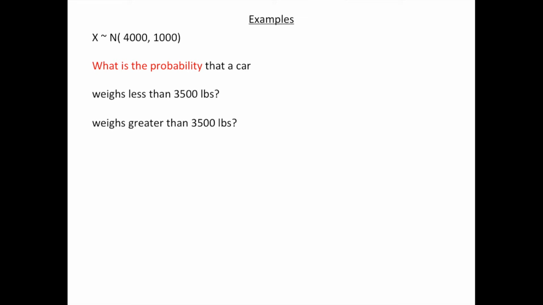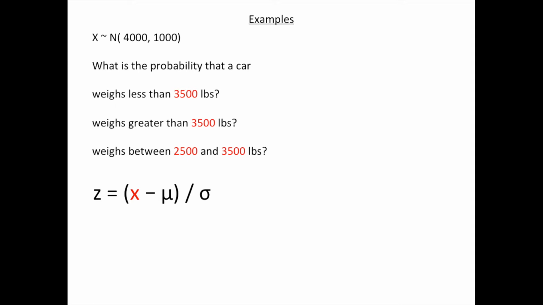If we look at a simple example where the x represents the weight of cars that are distributed normally with a mean of 4,000 and a standard deviation of 1,000, then if you're asked what is the probability that a car weighs less than 3,500 pounds, greater than 3,500 pounds, or between 2,500 and 3,500 pounds, we can solve this by hand by transforming our x values into a z-score.